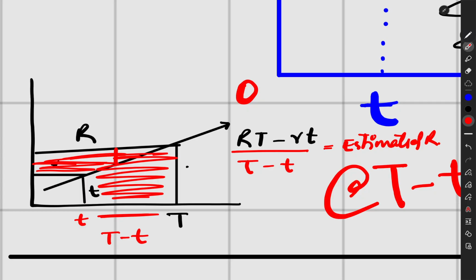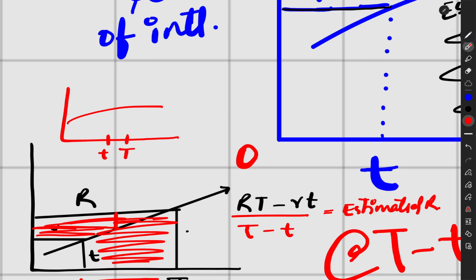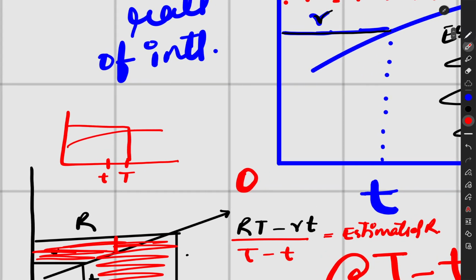It is very crude, because this will only work at very close points. Let's just say you have T and t very close, and then you have your spot yield curve. Then you see this area will not matter much.